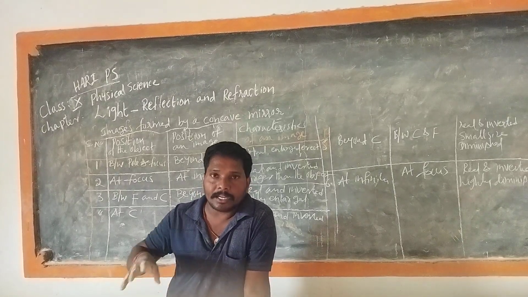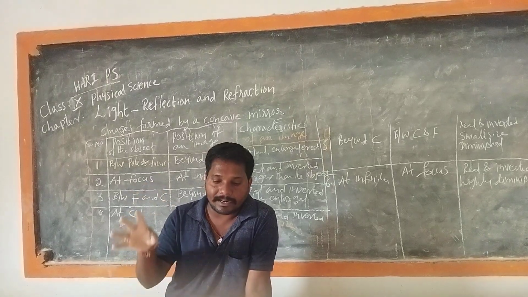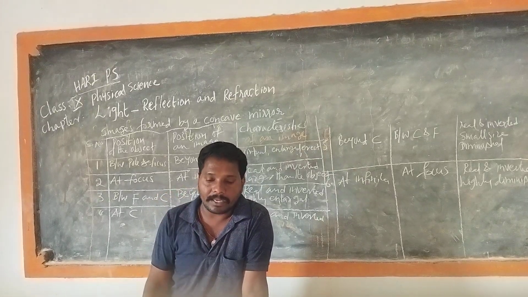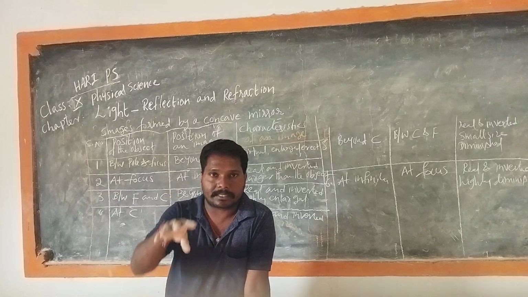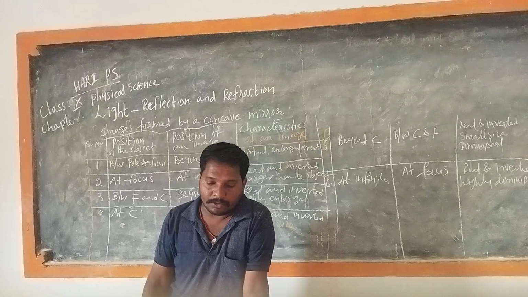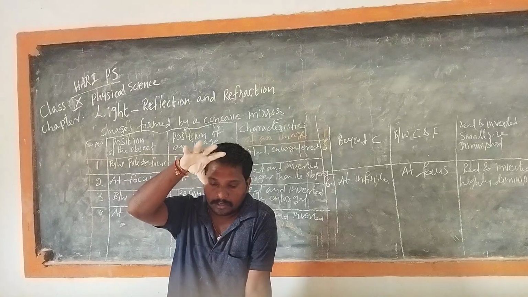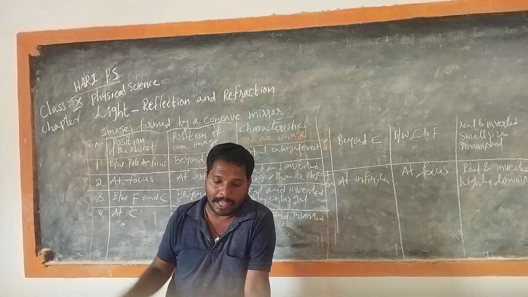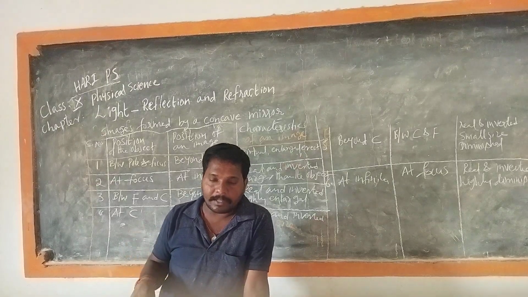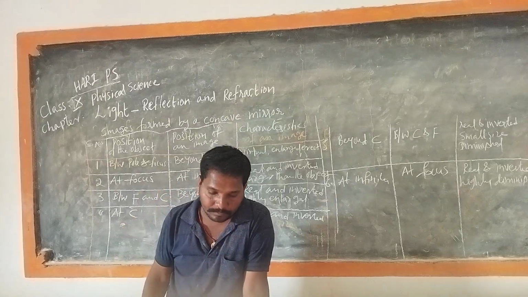Then concave mirrors are used as reflectors in torches, vehicle headlights and searchlights. Concave mirrors are used as doctors' head mirrors, to focus light coming from a lamp to observe body parts of the patient such as eye, ear, nose and throat.